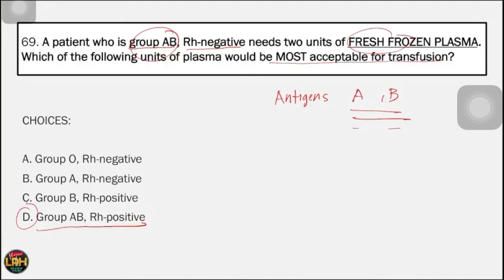Group A, on the other hand, as a donor for fresh frozen plasma, would introduce anti-B to the patient, so it is still not acceptable. The same goes for Group B, which has anti-A. In this case, Group AB contains no antibodies against A or B. Therefore, we can use this.